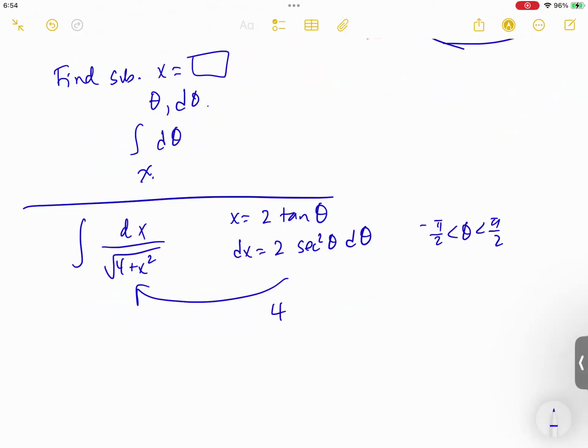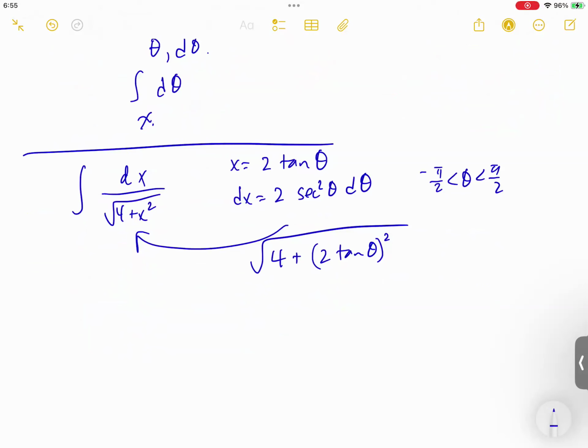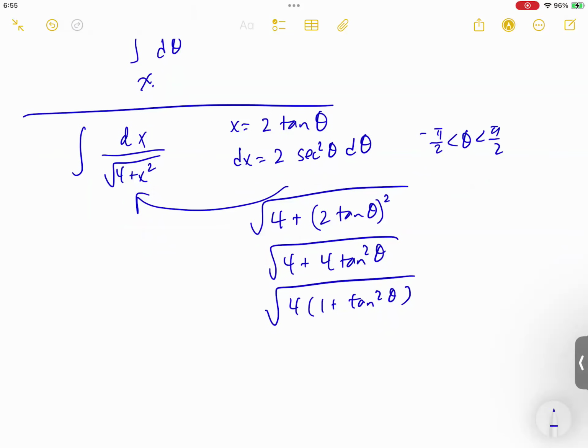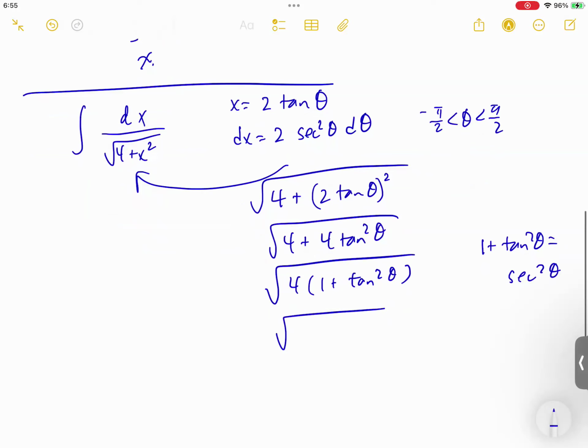So this is the same thing as 4 plus, and then x squared is 2 tangent theta squared, and taking the square root. And this is equivalent to 4 plus 4 tangent squared theta. Then you can factor out the 4. Okay, and then you use the trig identity that 1 plus tangent squared theta equals secant squared theta.